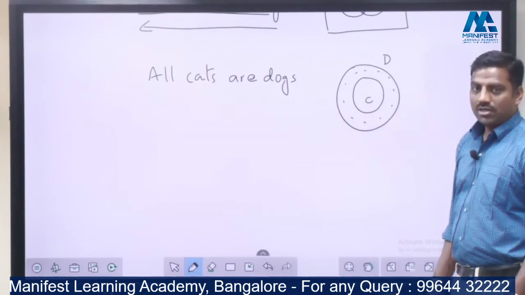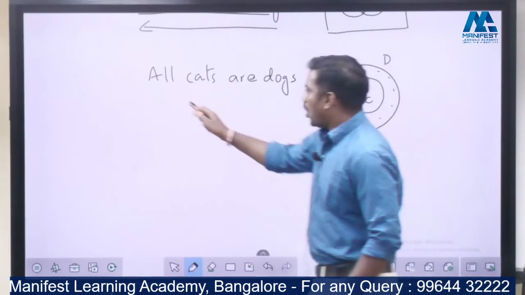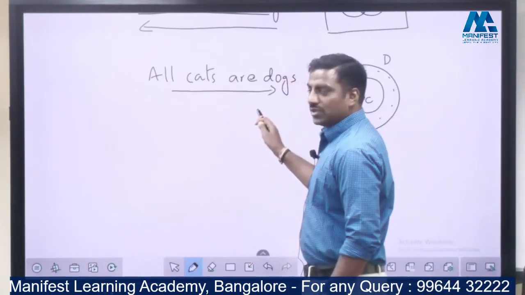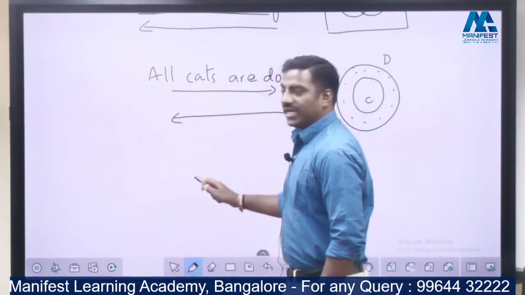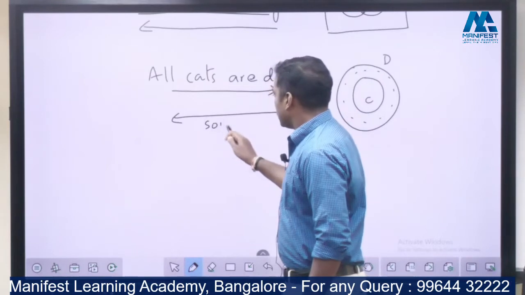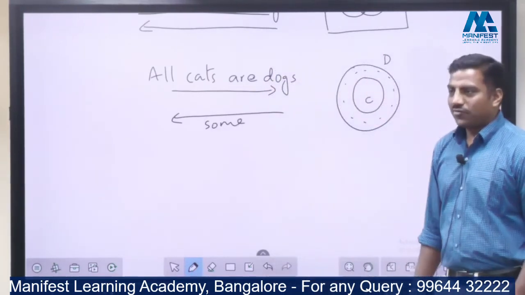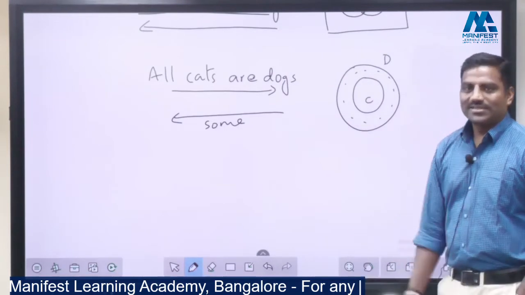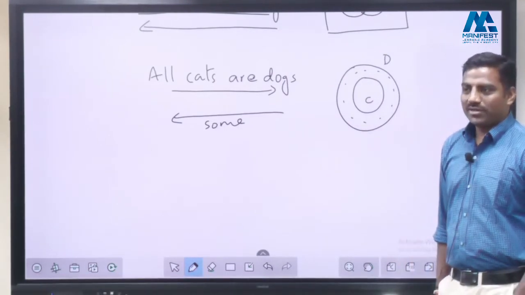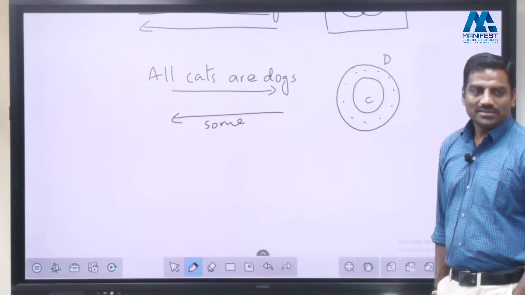Sure. So when we say all cats are dogs, in the reverse way, what can we say? Some dogs are cats. Apart from this, we can't conclude anything. Getting my point?